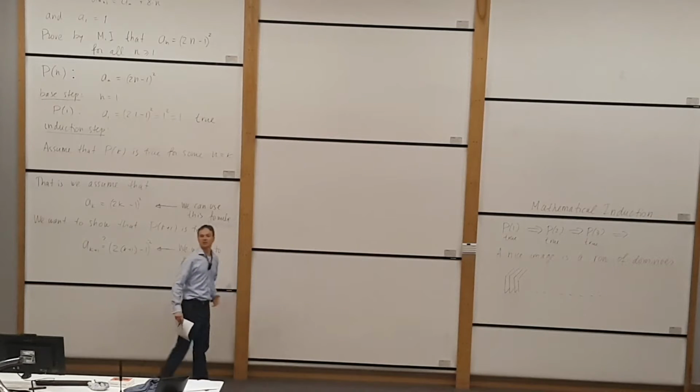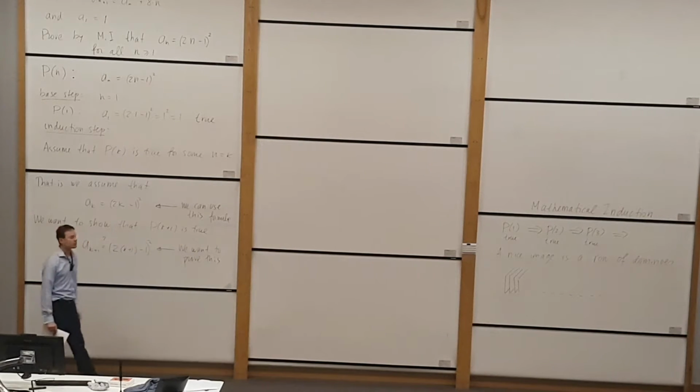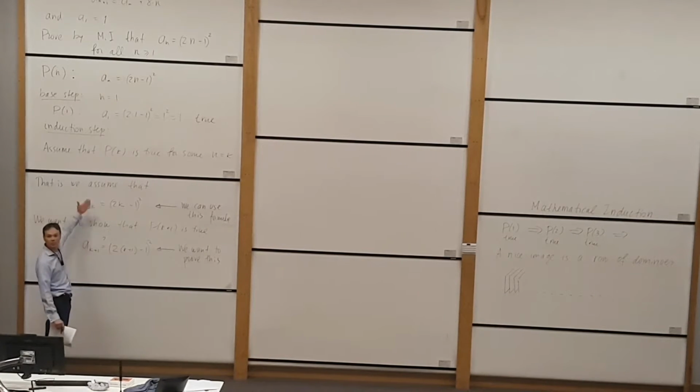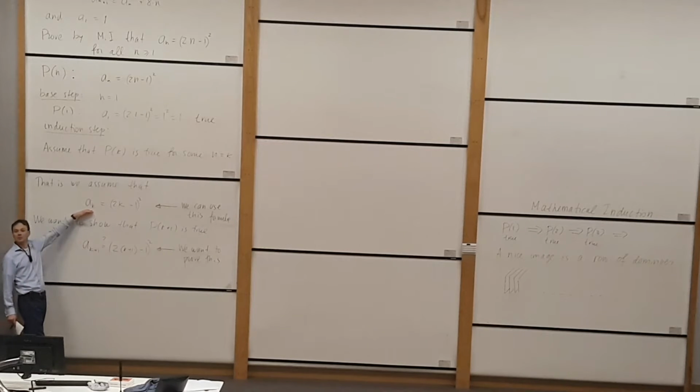And then by mathematical induction, the statement will be true for all values of n. So just looking at the two equations, I see that to get started with the second equation, I need something which involves a sub k plus 1. But the equation I can use only involves a sub k. So I need somehow to bring in a sub k plus 1.